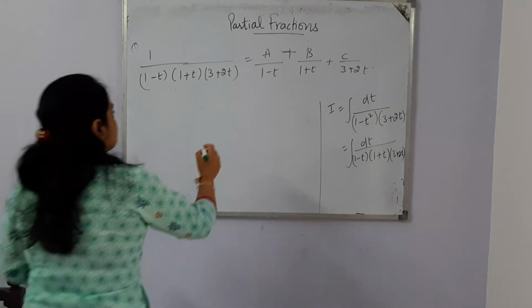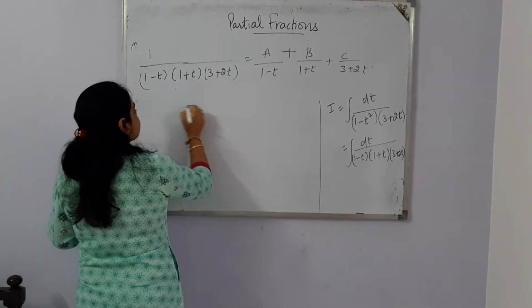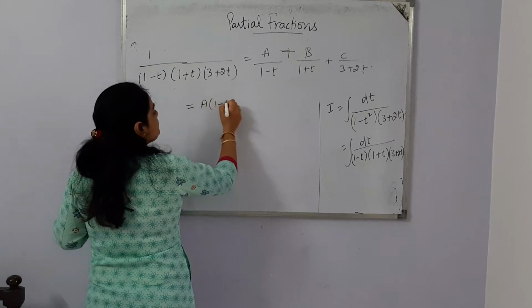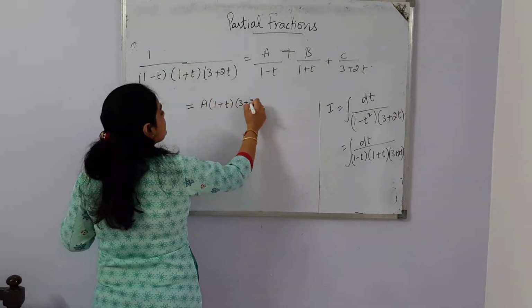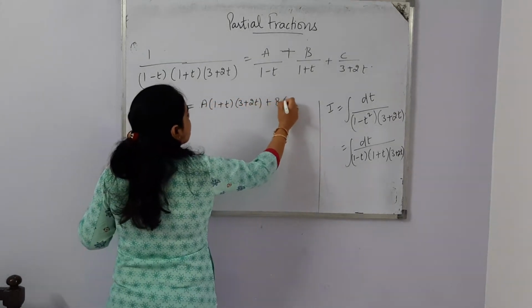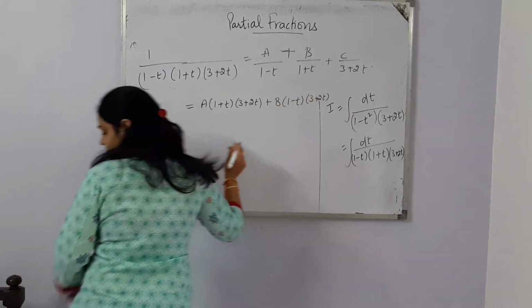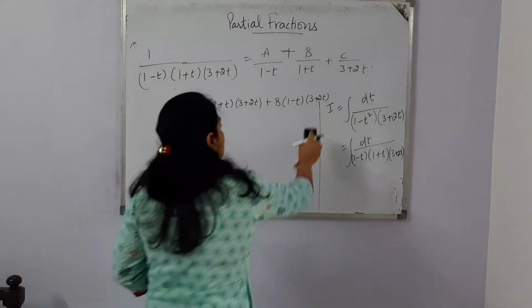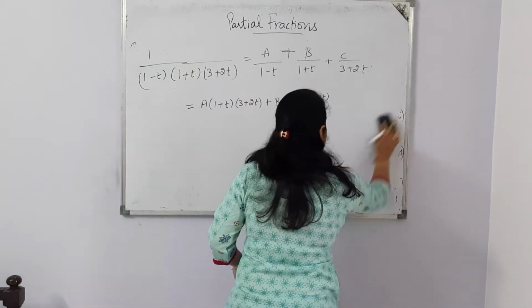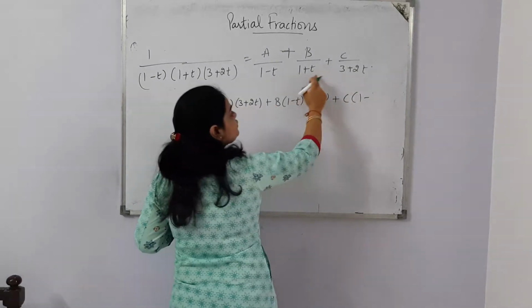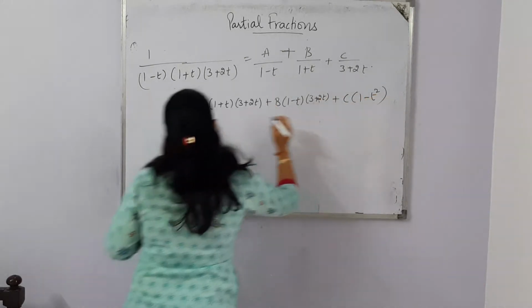So after taking LCM, what are we getting? A into (1 plus t) into (3 plus 2t), plus b into (1 minus t) into (3 plus 2t), and plus c into (1 minus t) into (1 plus t), which is 1 minus t square.